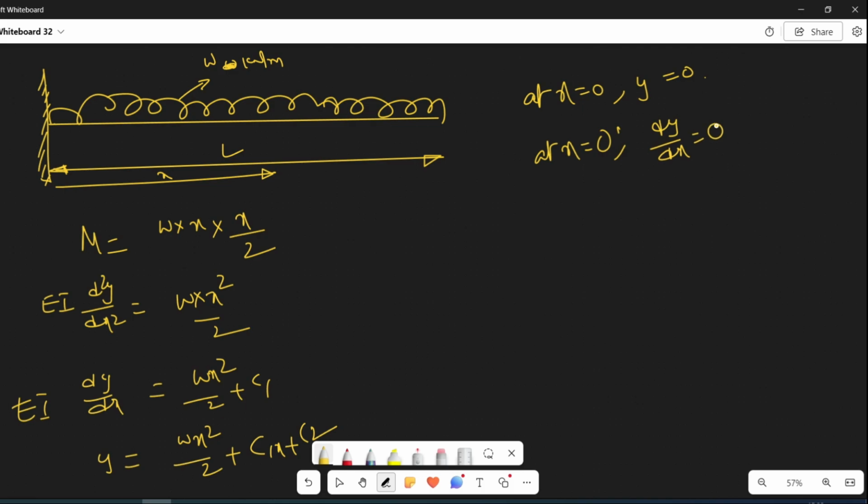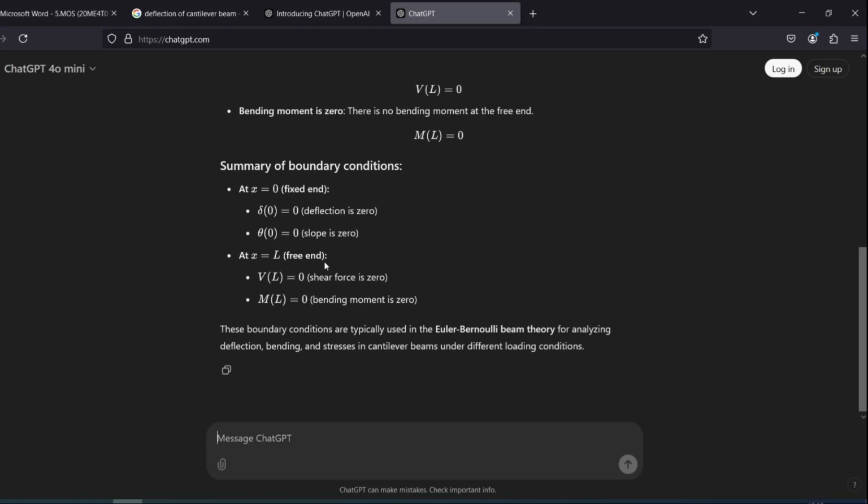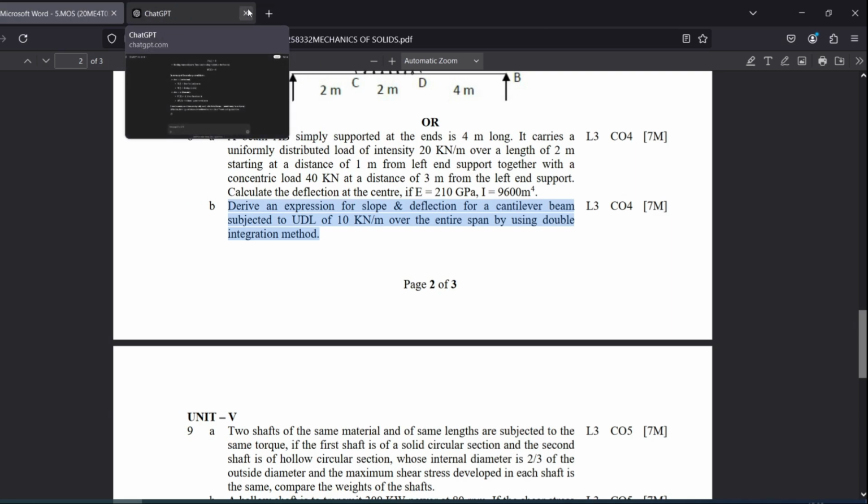Substitute that, get the values for C1 and C2, and substitute them. Obviously, you have to end up with L to the power 4 by 8EI. Then substitute the value of W there, which is 10, as given in the problem.